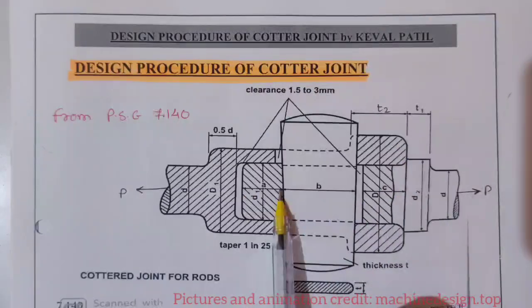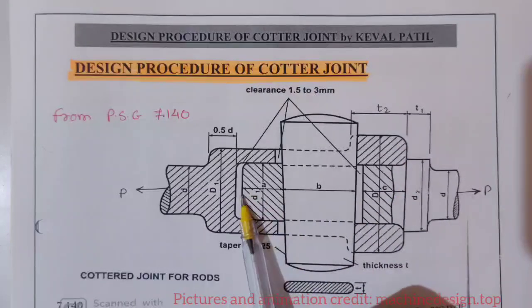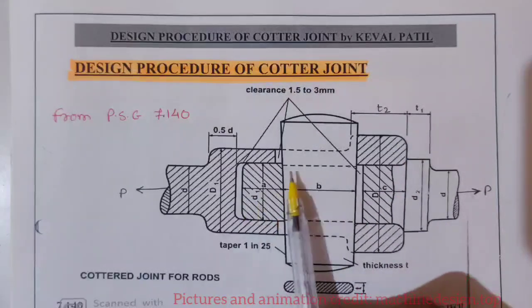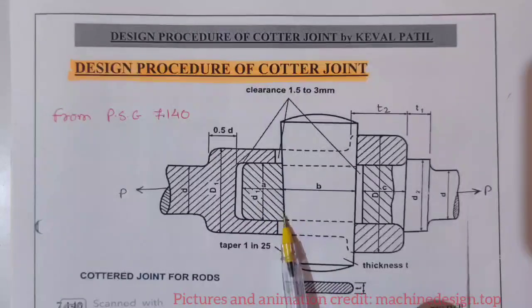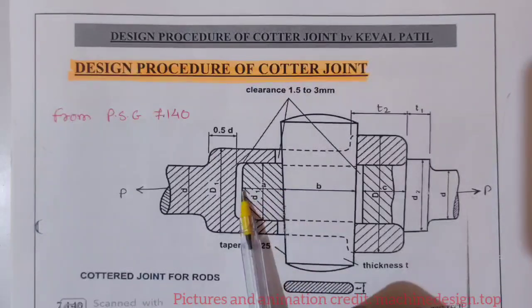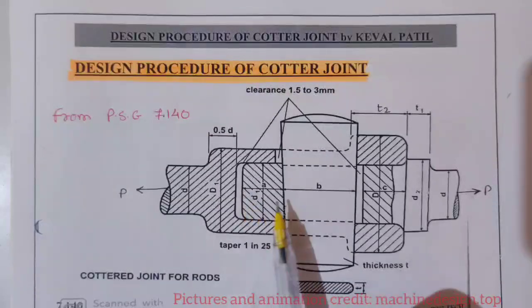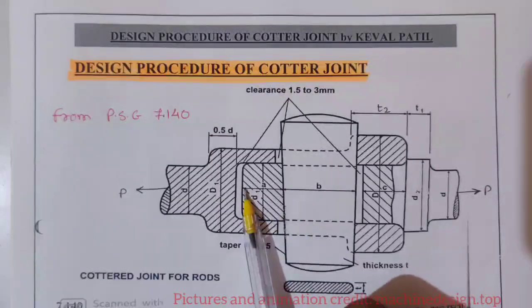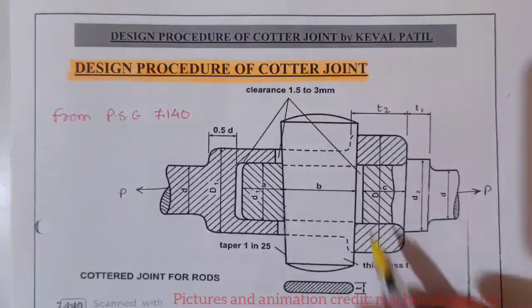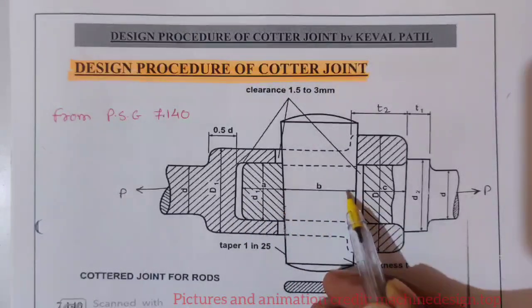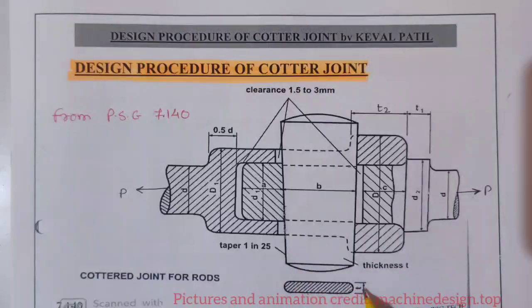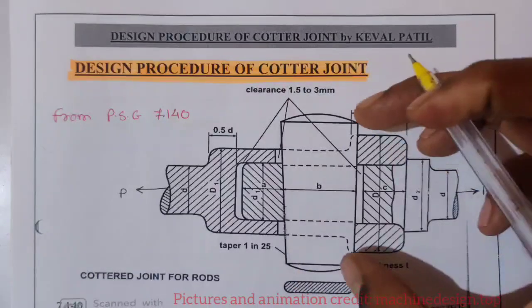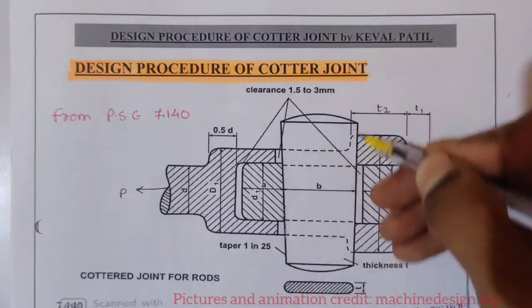Now this A distance is the distance from the end of the slot to the end of the spigot. This B is width of the Cotter, T is thickness of the Cotter, and small l is the length of the Cotter.